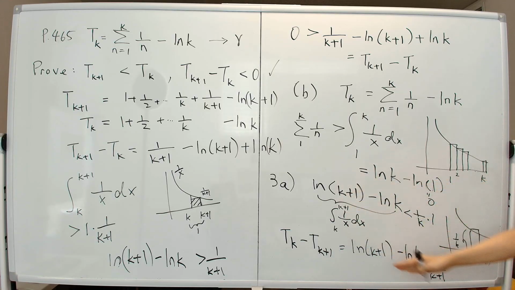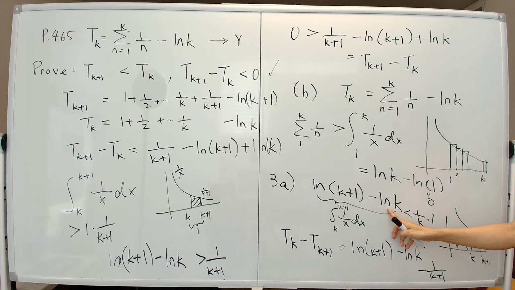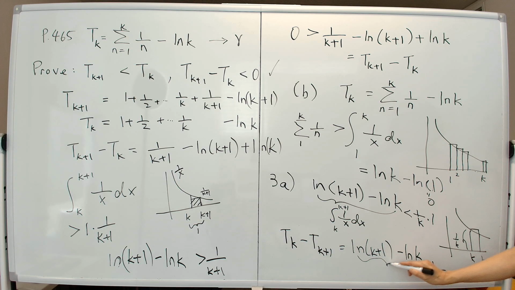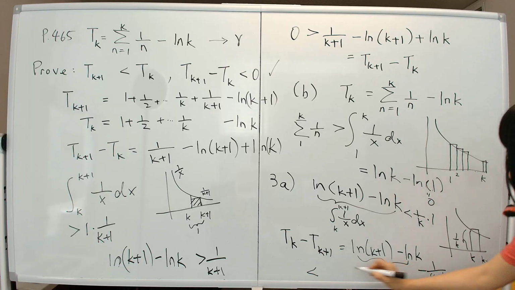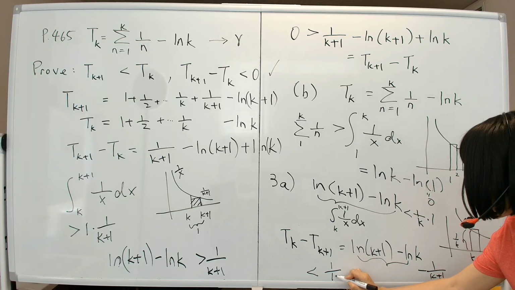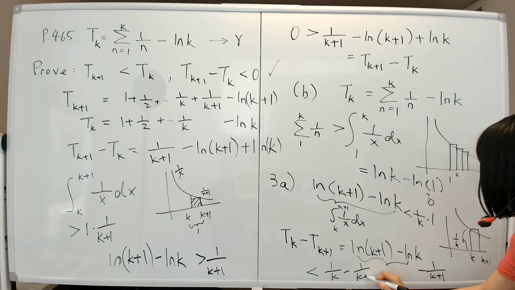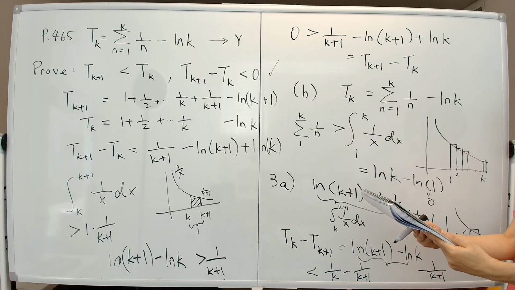Since it equals this, we already said that this part is less than 1 over k. So this is less than 1 over k minus 1 over k plus 1. See? Okay, I think that's it.